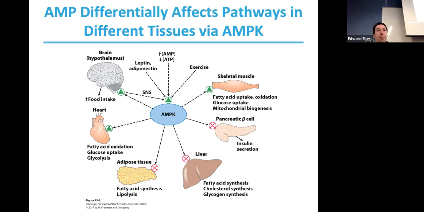It tells the liver to stop fatty acid synthesis and start gluconeogenesis. It also inhibits cholesterol synthesis and glycogen synthesis, because those cost ATP as well. AMP kinase is active in all these different organs, and depending on what those organs are doing, for example, if we're at low energy, we probably don't have a lot of glucose circulating, so it tells the pancreas not to secrete insulin.